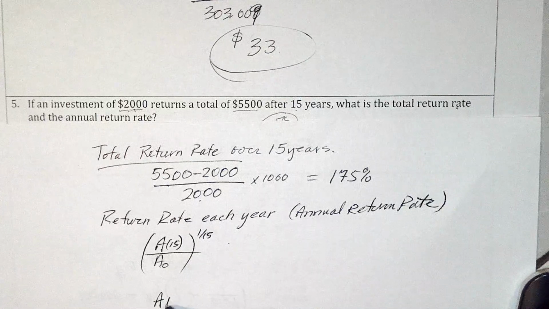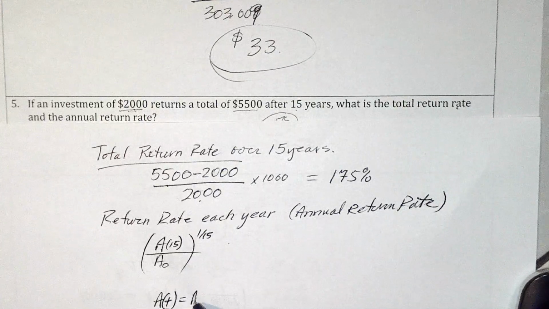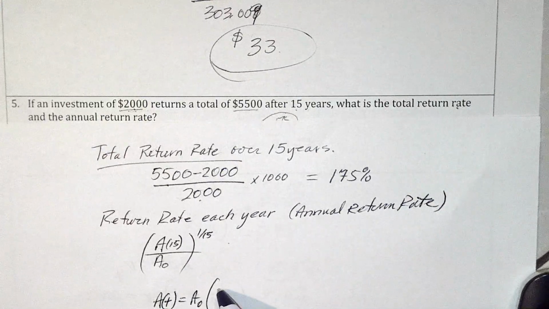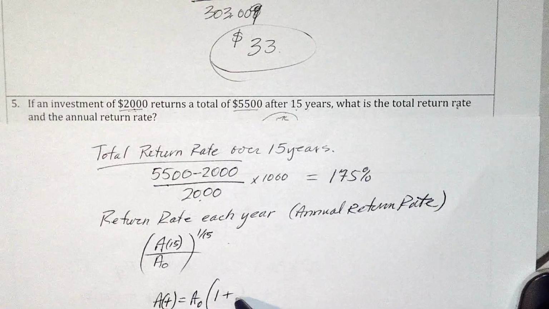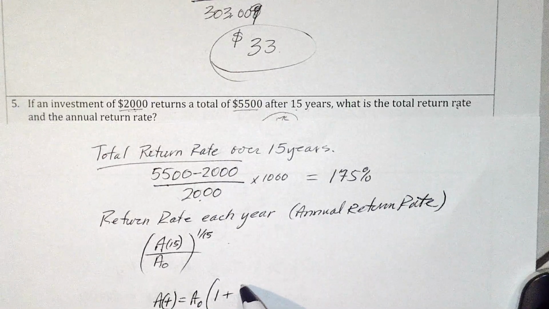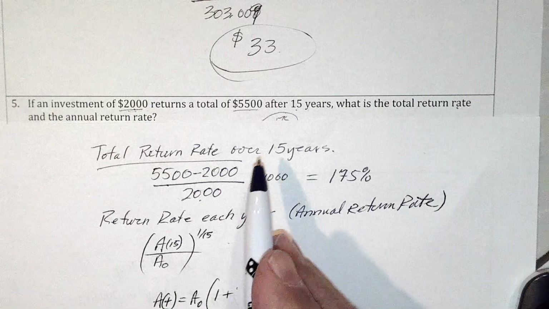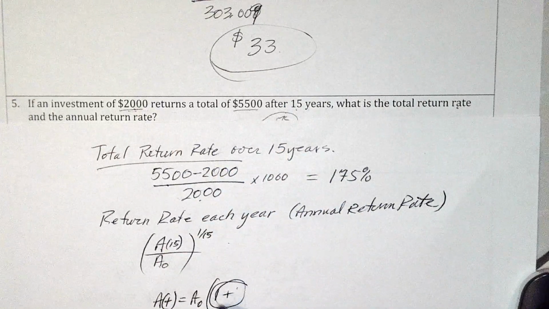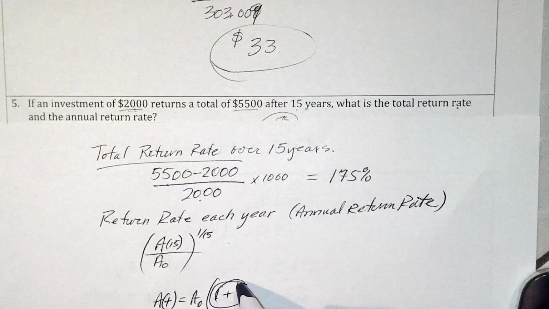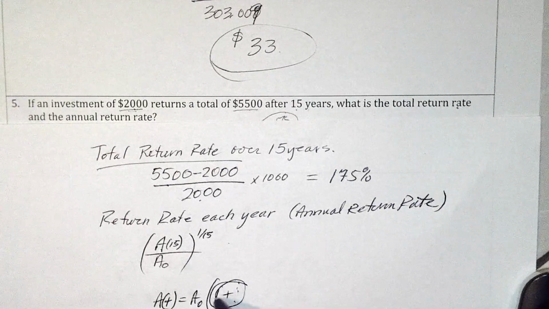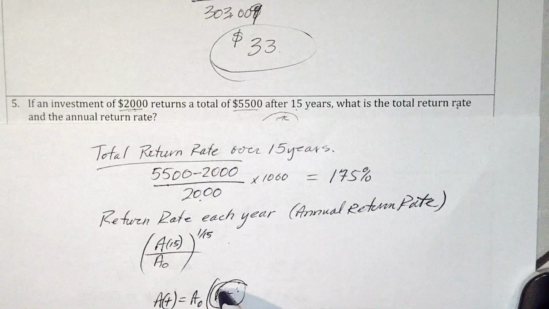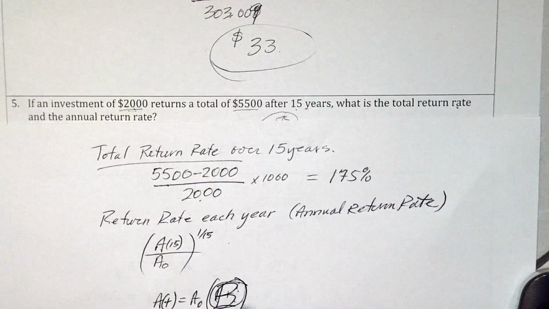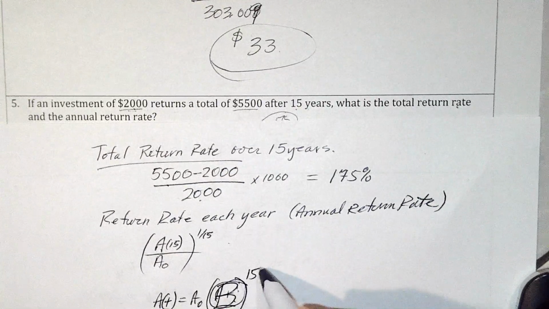The amount at the end is the amount at the beginning times some interest rate. We don't know what the interest rate was, but there's some number here, 1 plus the interest rate over how many times compounded, call it B, to the 15th power.